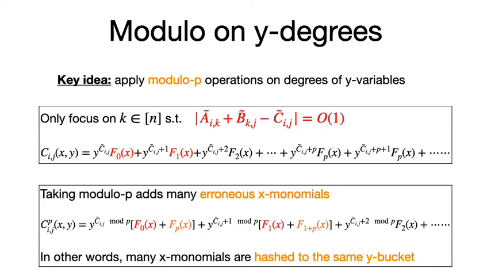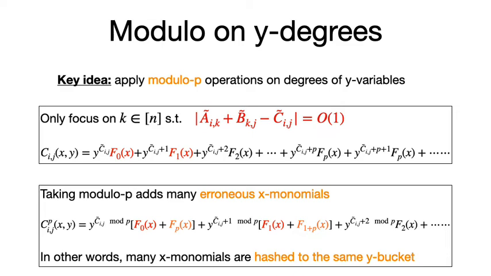When there were no mod p operations, we're looking for minimum x degrees among the red univariate polynomials. But now, mod p operations add extra noise to the output polynomial matrices. For the desired y degree, we have merged the red univariate polynomials with some other univariate polynomials whose original y degree was larger but with the same modulo p residue.